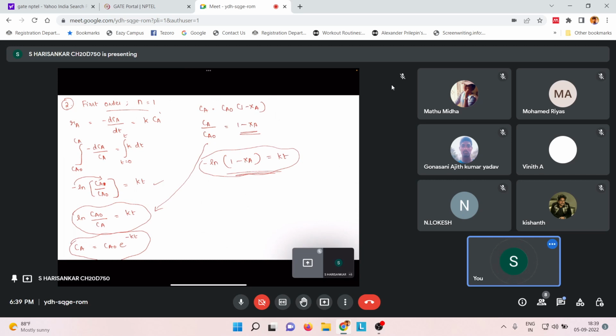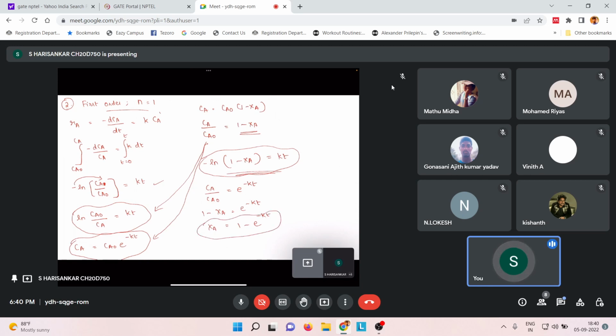Okay. So yeah, and we can even apply this here in this equation as well. So Ca by Ca0 will be e raised to minus kt, and that will be 1 minus Xa is equal to e raised to minus kt, or Xa is equal to 1 minus e raised to minus kt.